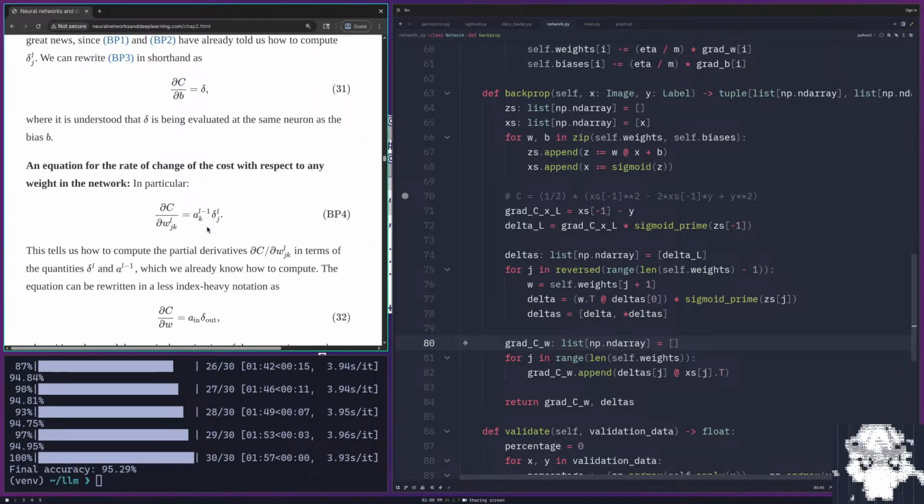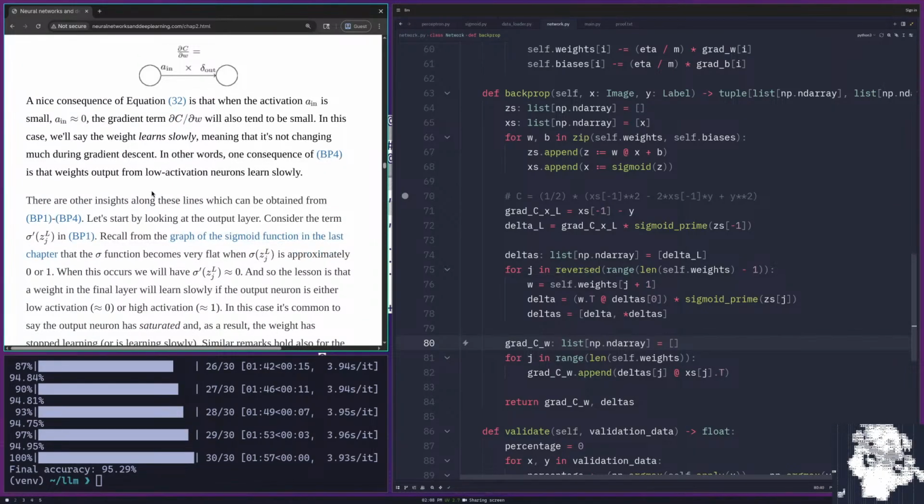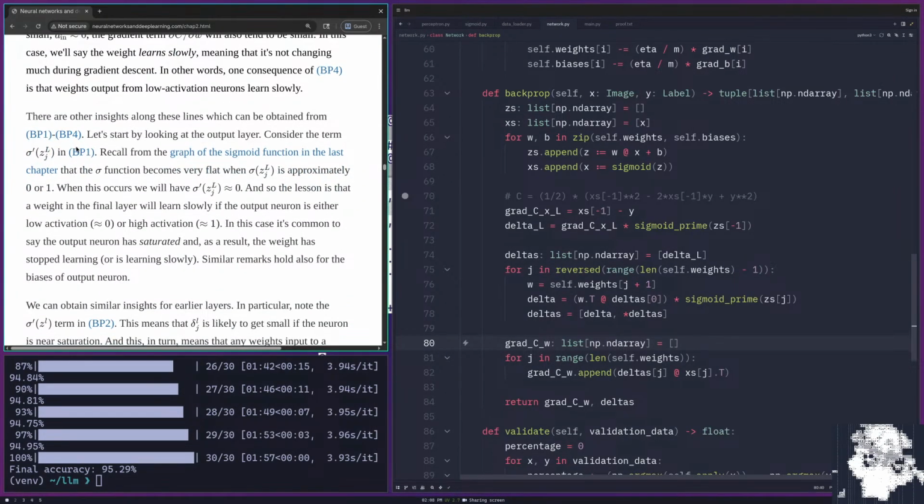So the activation of the neuron. If the neuron is giving a low output, that means it's not going to learn quickly because it's not contributing much to the total accuracy, to the total cost.